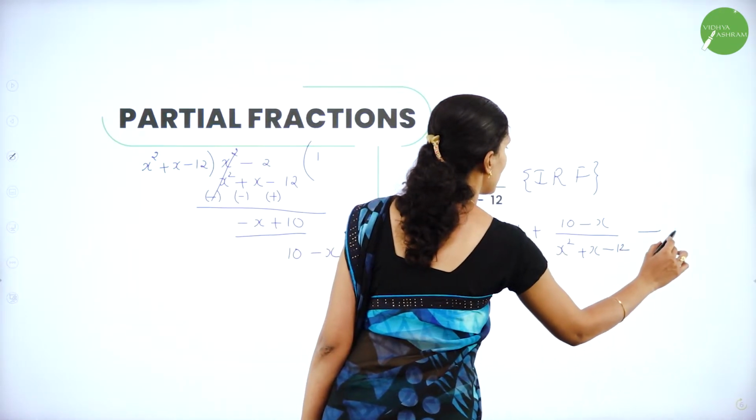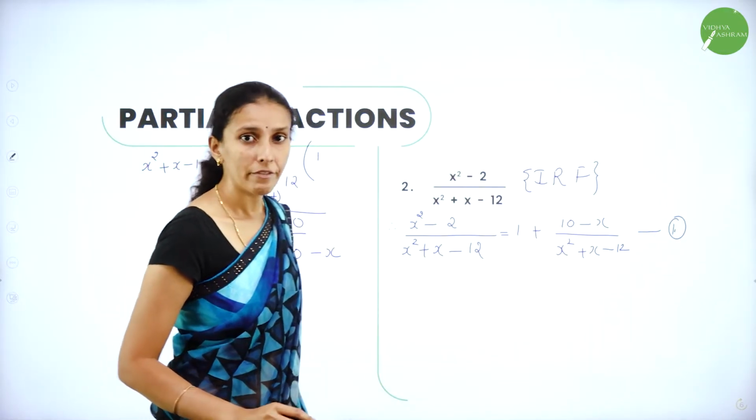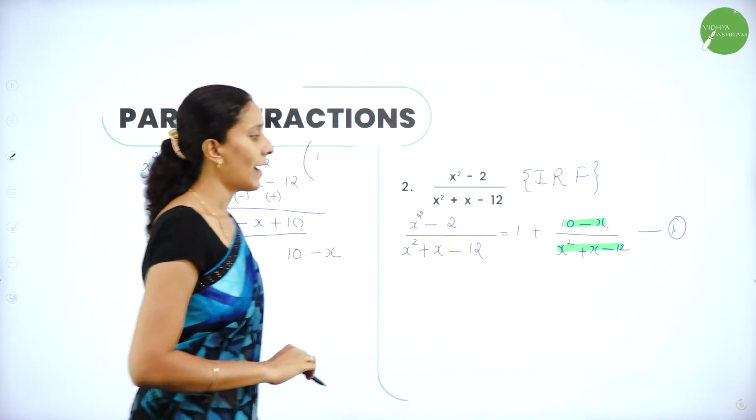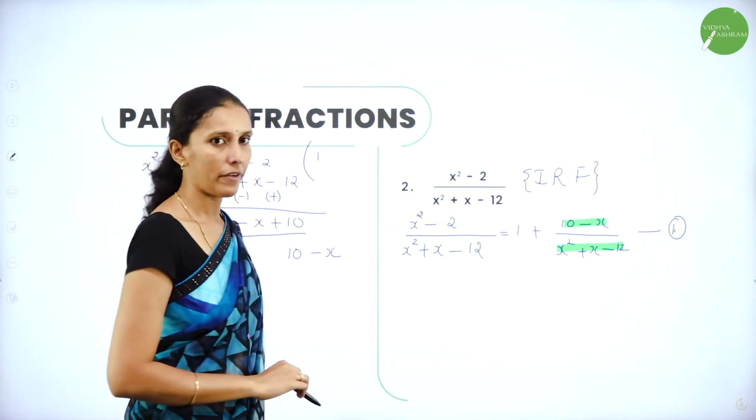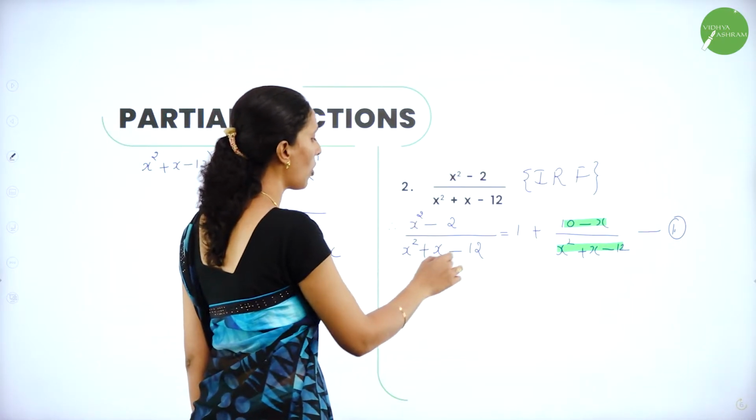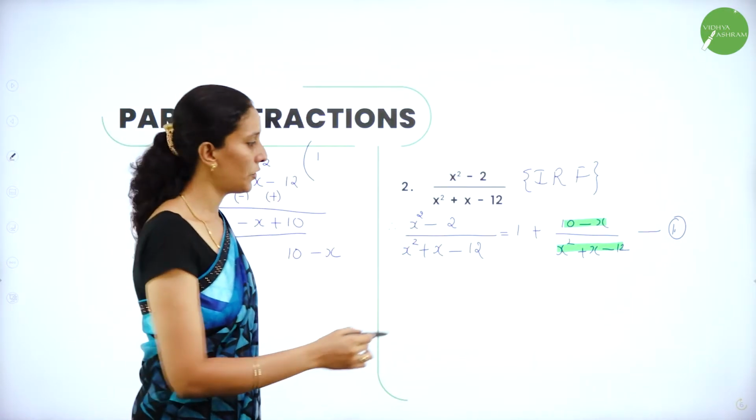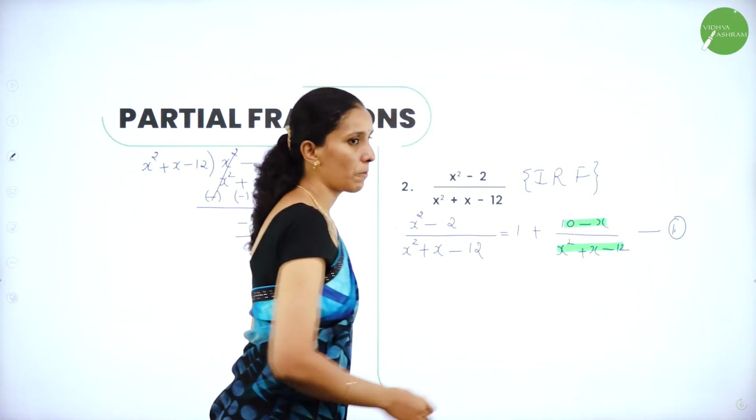Take this as equation 1. Now I want to find the partial fraction for this proper fraction. So now this improper fraction is converted into the sum of polynomial and proper fraction.